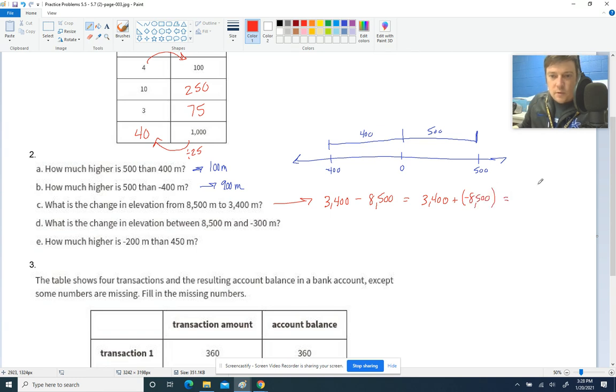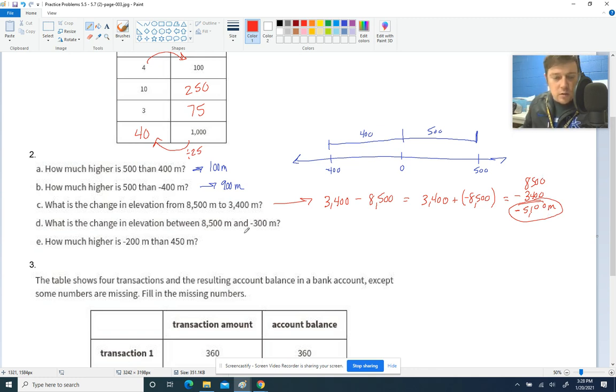Since the signs are different, you're going to subtract 8,500 minus 3,400. That gives you a 5,100 difference. The negatives win, so this was a drop of down 5,100 meters.